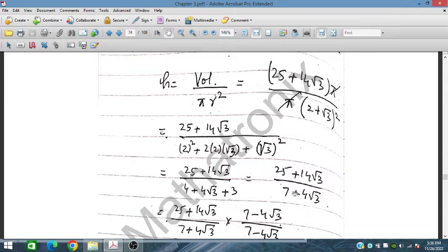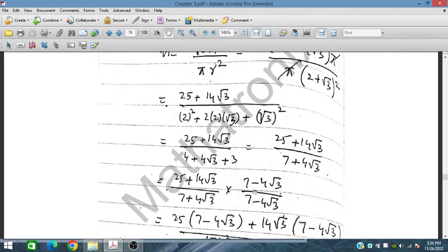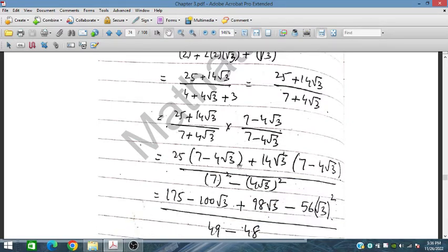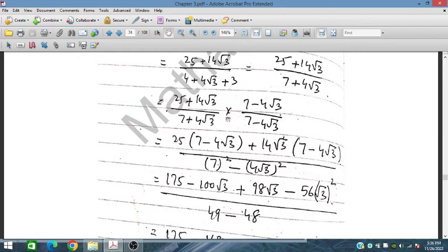In the denominator we have to rationalize. So we multiply by 7 minus 4 under root 3, and multiply as well. Divide and multiply, so as to keep it balanced. On the numerator we multiply, and on the denominator we apply the identity, because this is plus and this is minus, a square minus b square.